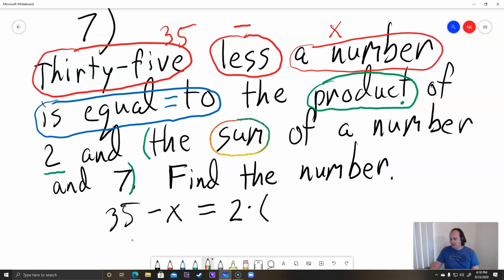Sum actually means plus. So we're going to be adding a number and 7. So a number is going to be x. So we're going to be doing x plus 7. Okay, so we have 2 times parentheses x plus 7.